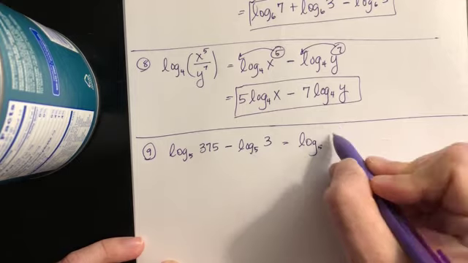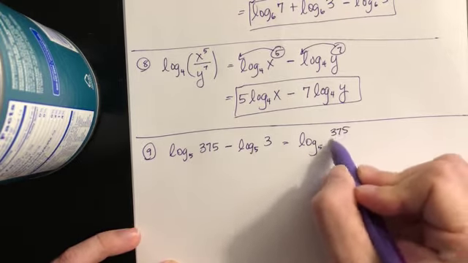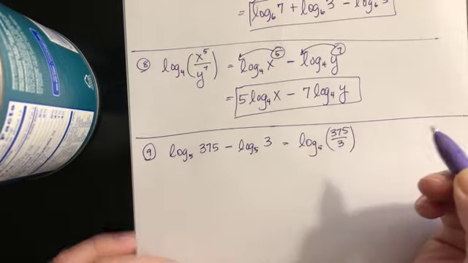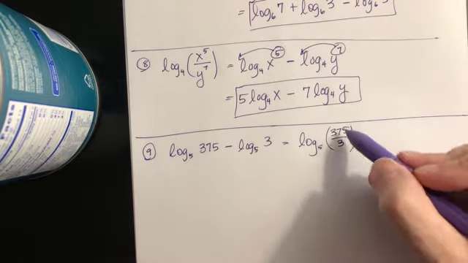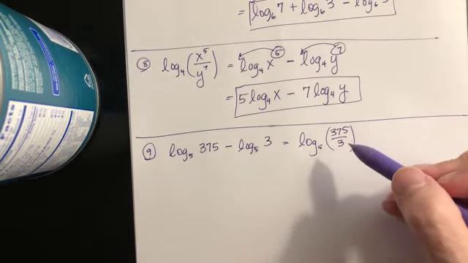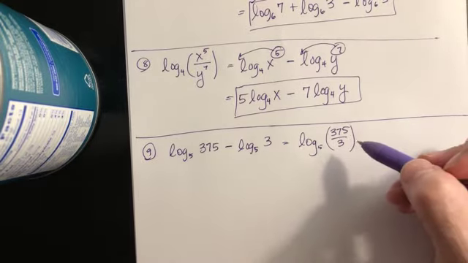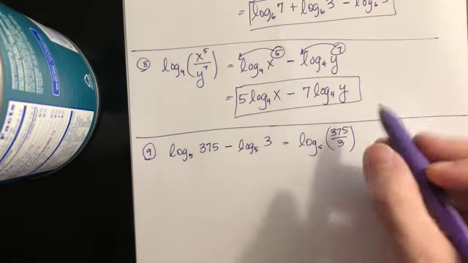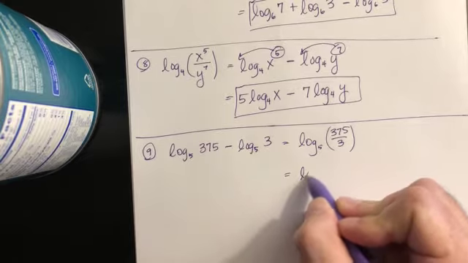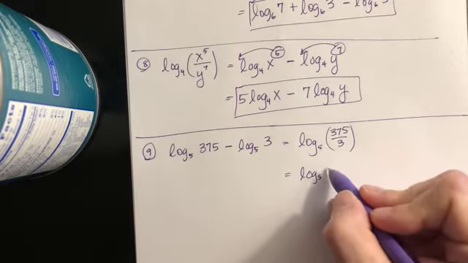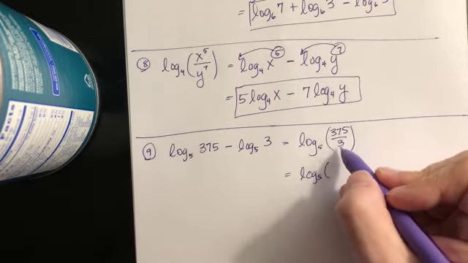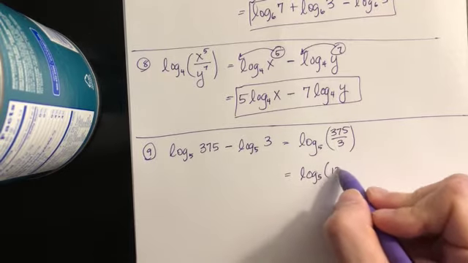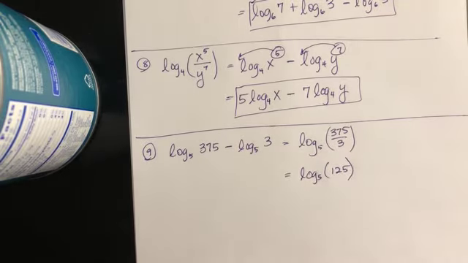So log base 5 of 375 divided by 3 is what's going to happen. Now we can actually divide those numbers. They say write the expression as a single logarithm and evaluate if you can. So let's simplify it. Log base 5 of 125.